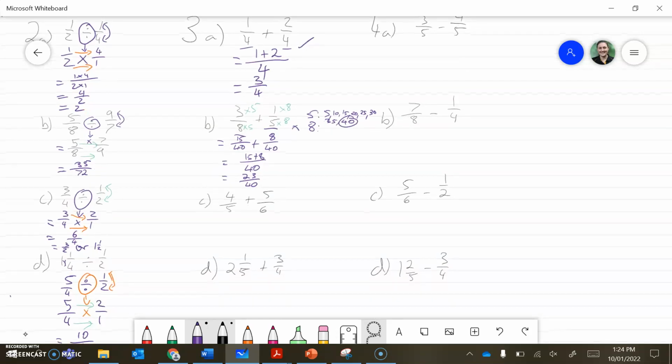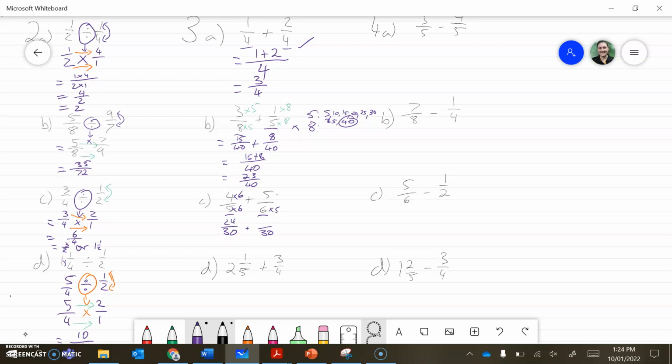Okay, our next one, we've got 5 and 6. So if I count in 5s, the first value I'm going to get to that has a common multiple with 6 is 30. So if I write my denominator that's going to be common as 30, then what I'm going to do is I'm going to have to do 5 times 6. So the numerator also has to be multiplied by 6, so that's 24.